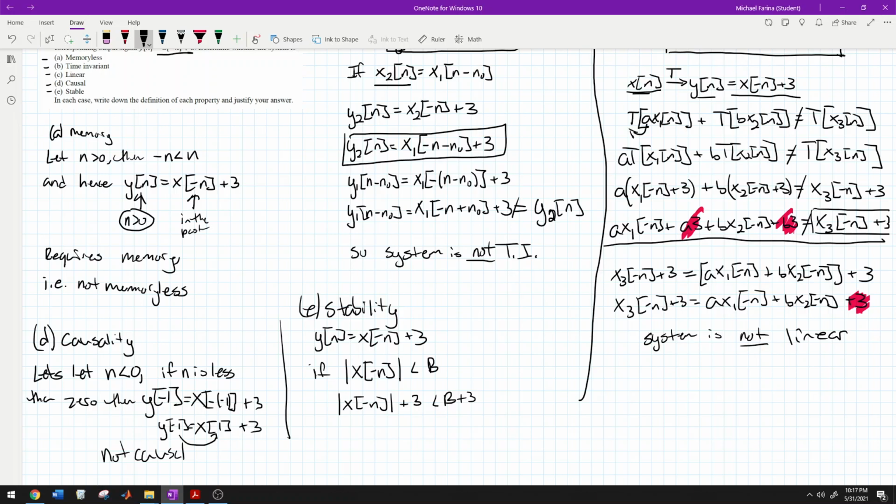And this is essentially equal to y, so we get y of n is going to be less than b plus 3. And therefore, we put a bounded input in, it's less than the bound, and we get a bounded output. So therefore, the system is stable. Oh man, can't spell.